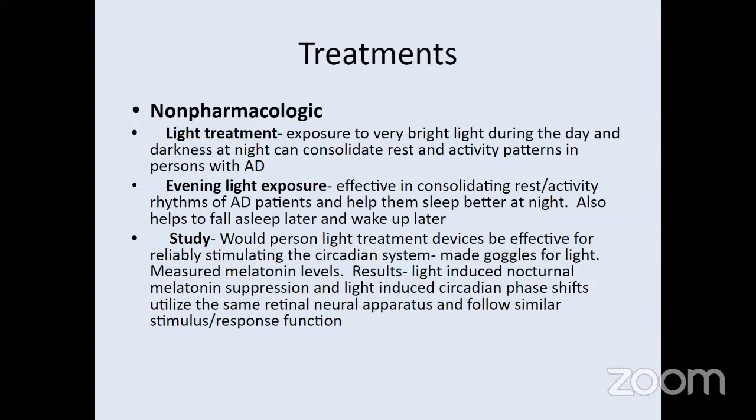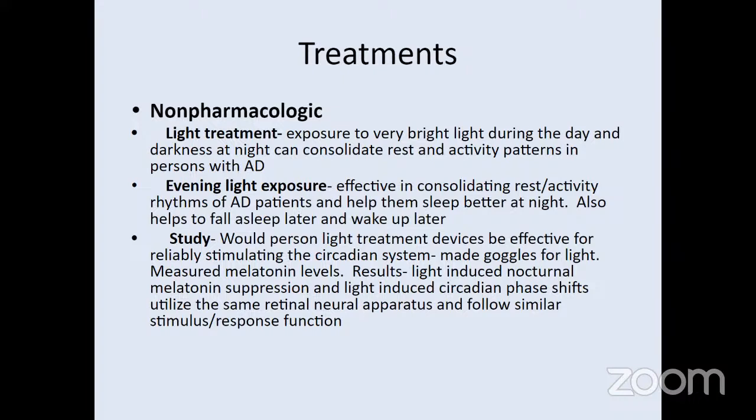So evening light exposure is effective in consolidating rest activity rhythms and helps them sleep better at night. Also helps to fall asleep later and wake up later.